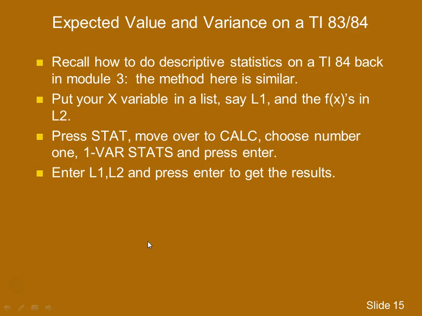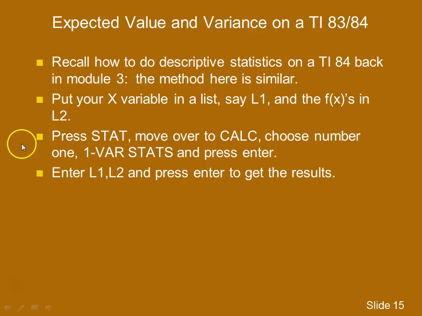On your calculator, if you have a TI 83 or 84, the method of doing discrete random variable mean and variance is very similar to one variable statistics that you learned in an earlier module. Put the values of your x variable in a list, let's say L1, and then put the associated probabilities, the f of x's, in another list, let's say L2.